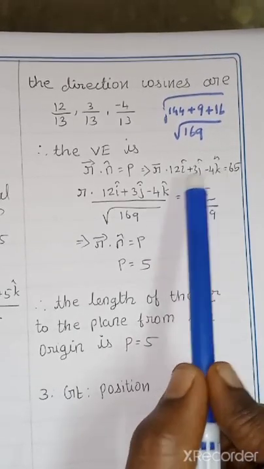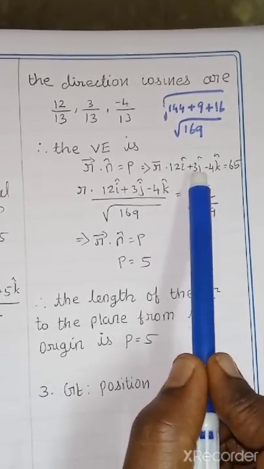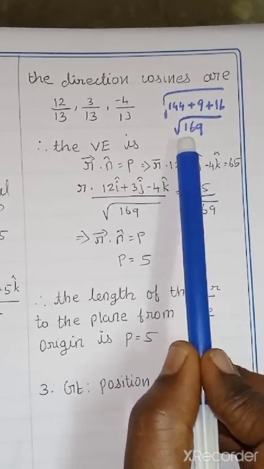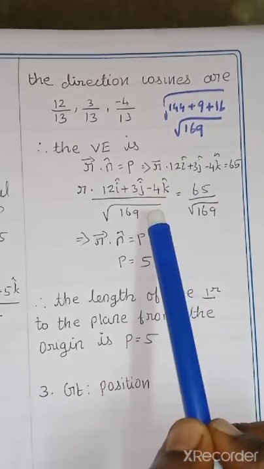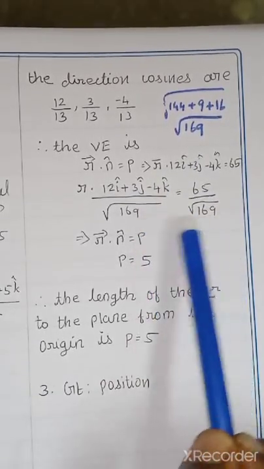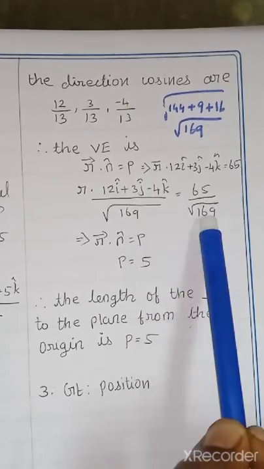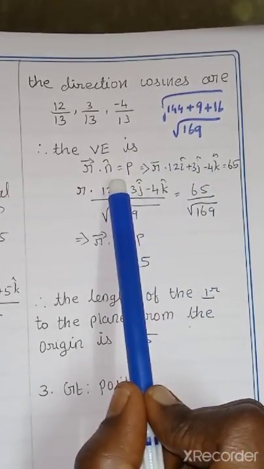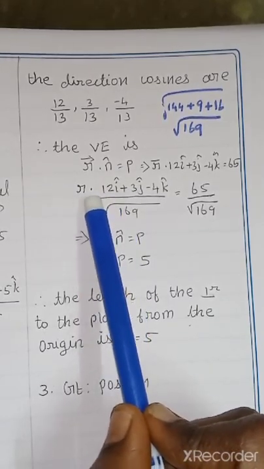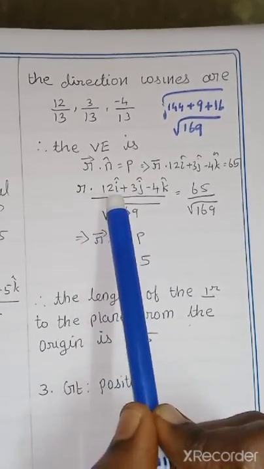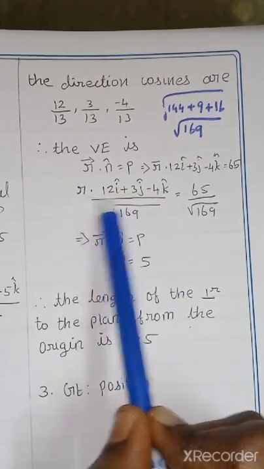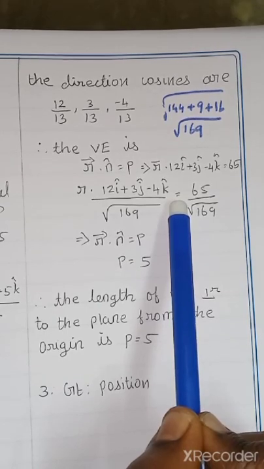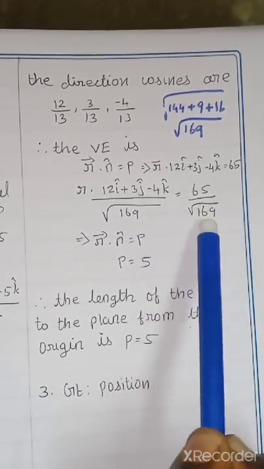So the mod of this vector is 12 square plus 3 square plus 4 square, square root of 169. So divide both sides by square root of 169. Why are we dividing? To get the form of the equation. So r dot 12i plus 3j minus 4k by square root of 169 equal to 65 by square root of 169.